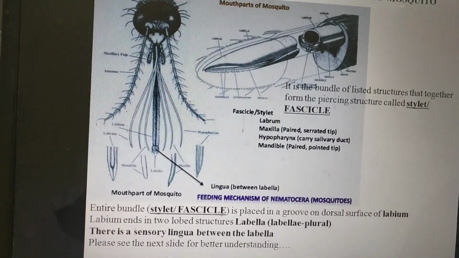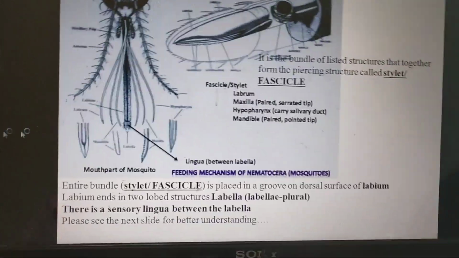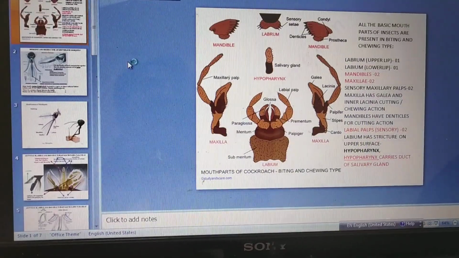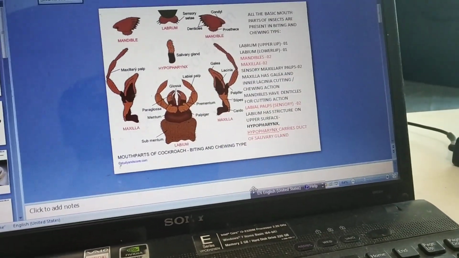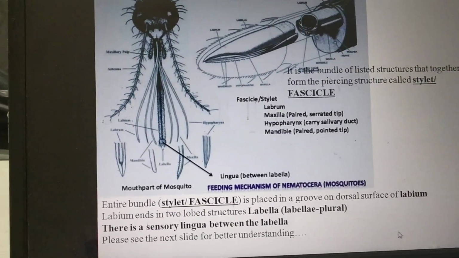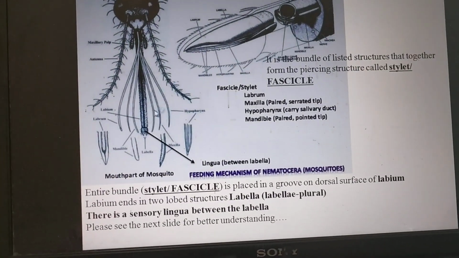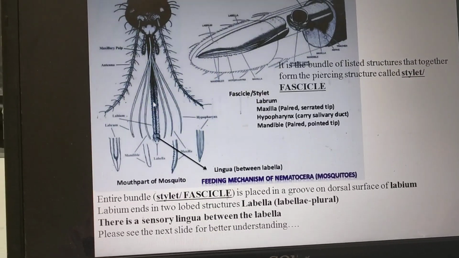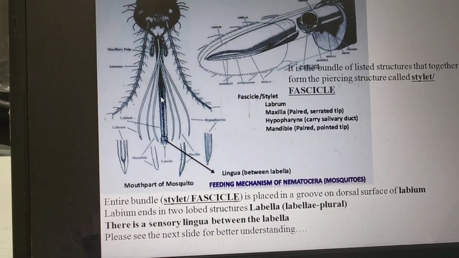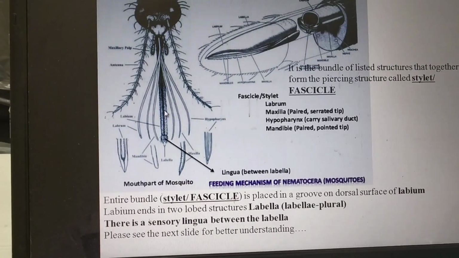So you can find this structure, this is the labium. Now there you can see a groove.